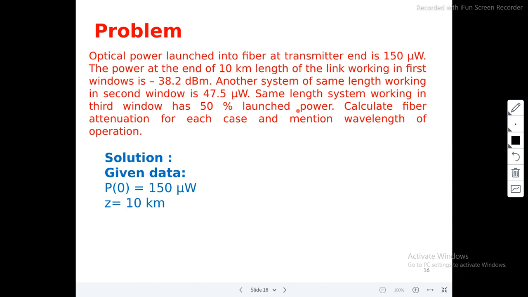First of all, you calculate P of Z. P of Z is the output power, and the input power is given. What is the general equation?